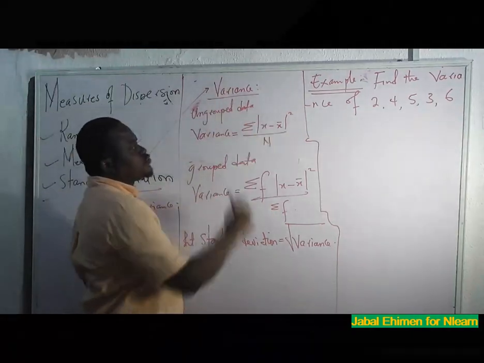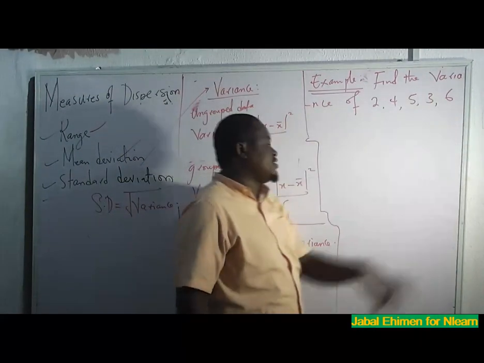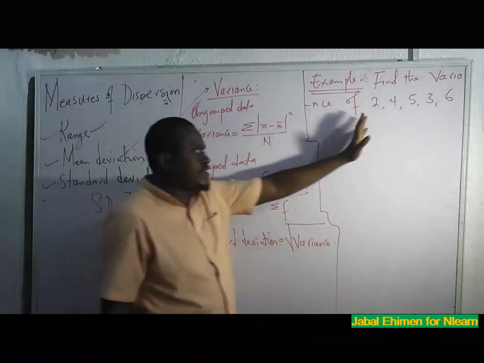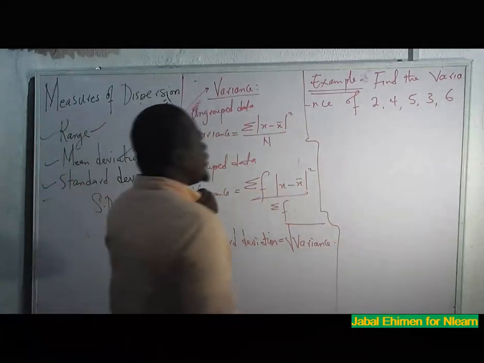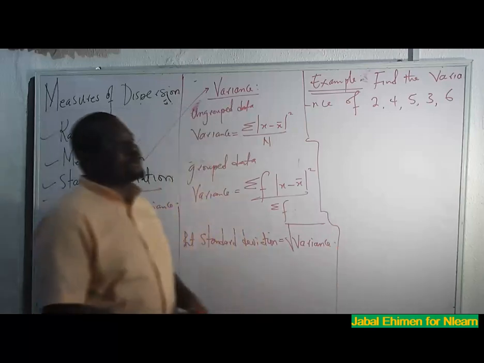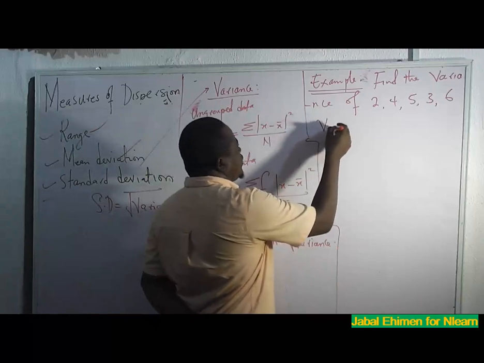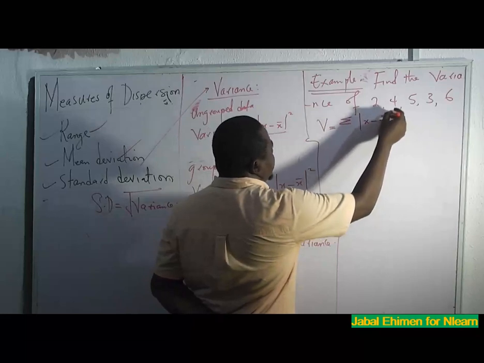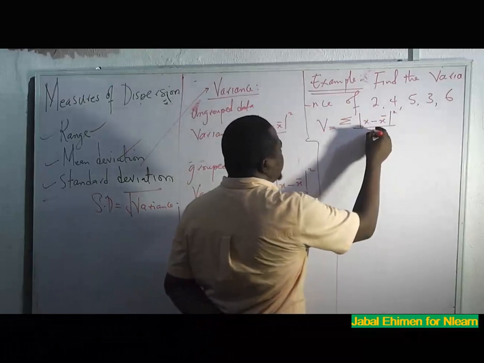So let's calculate this question on variance. It said find the variance of 2, 4, 5, 3, 6. And that is the variance for ungrouped data. The data we're looking at are scattered, so they are ungrouped data. Now, basically, if you're having ungrouped data, we have variance as the summation of x minus x bar squared divided by n.